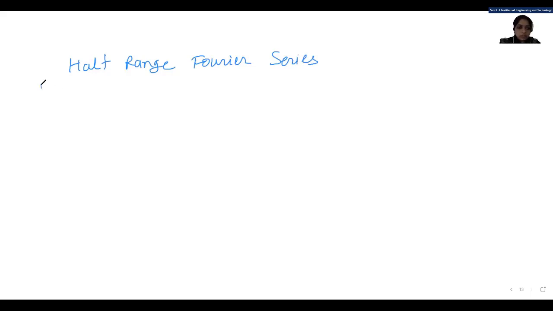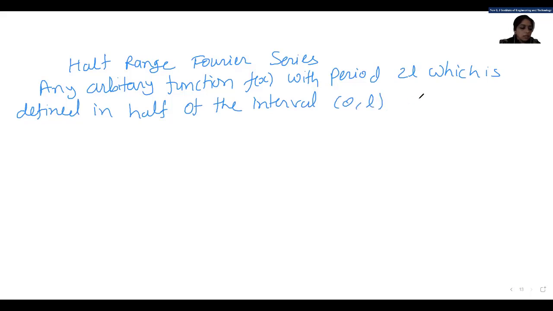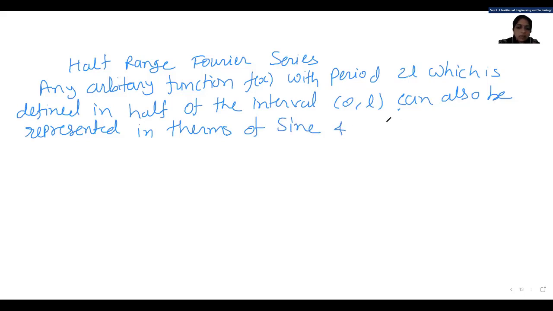Any arbitrary function f of x with period 2L, which is defined in half of the interval, 0 to L, can also be represented in terms of sine and cosine functions.